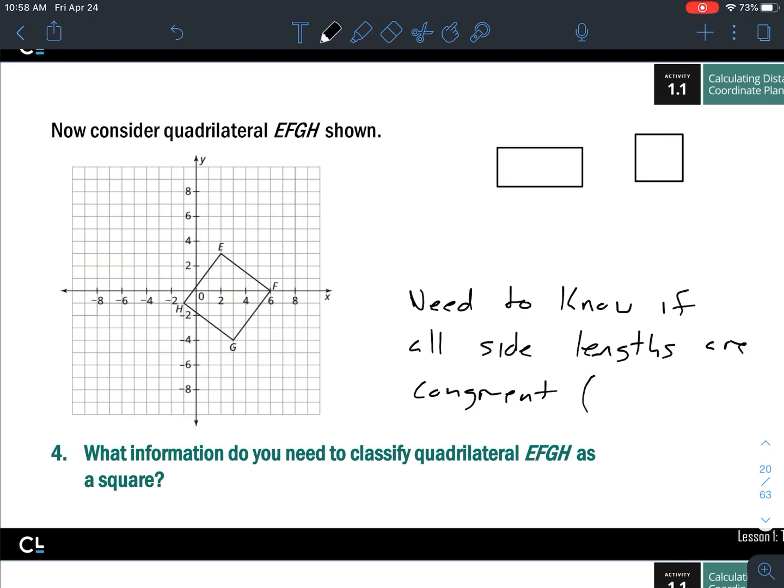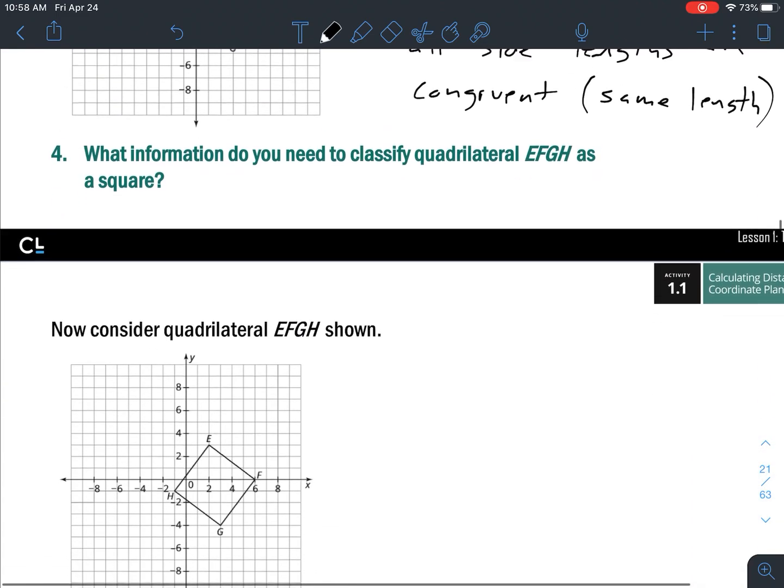It's a word you're going to hear quite often, congruent, or I'm going to write over here what it means. Same length. We're just going to put right here in parentheses. So it means it's the same. Okay, so they're exactly the same.